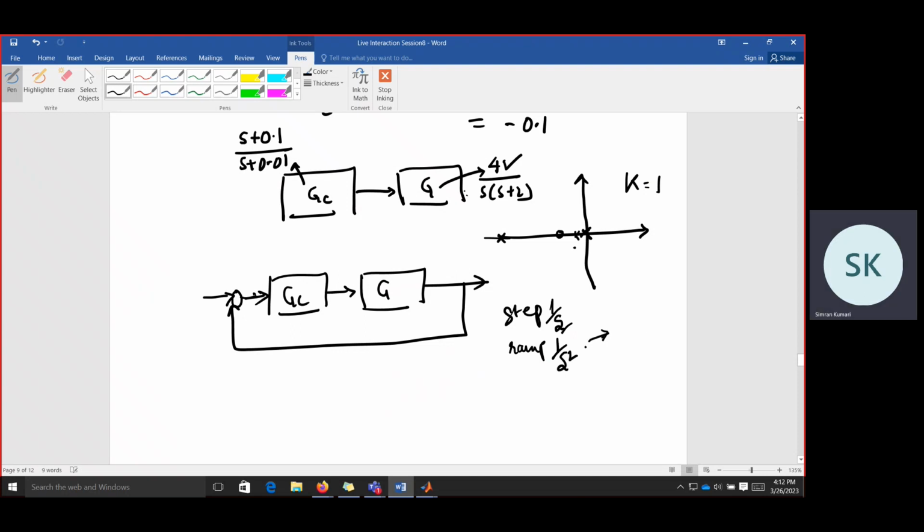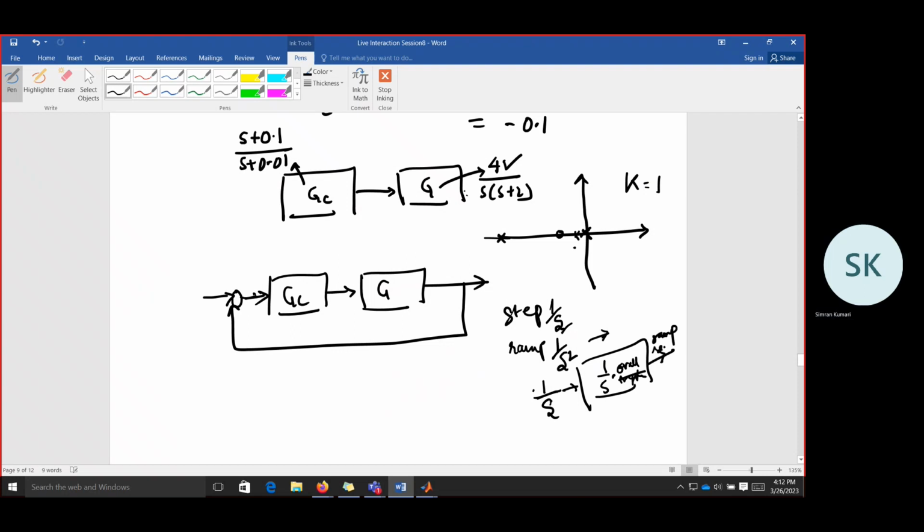So if we apply s multiplied by 1 by s and the overall system, this will give us the ramp response.